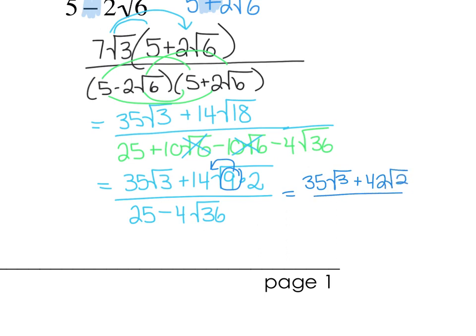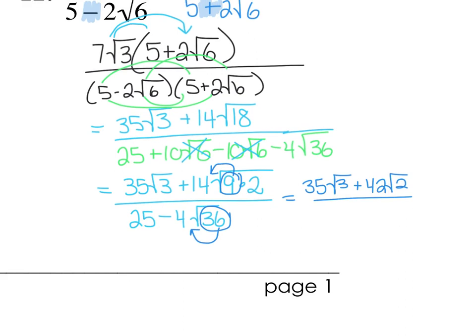That's all I can do up top. Those are two different numbers underneath the radical sign. That means I can't do anything with it. On the bottom, what I'm going to have is a 6 that escapes here, right? Square root of 36 is 6. So 25 minus 24. So my final answer here is 35 root 3 plus 42 root 2.